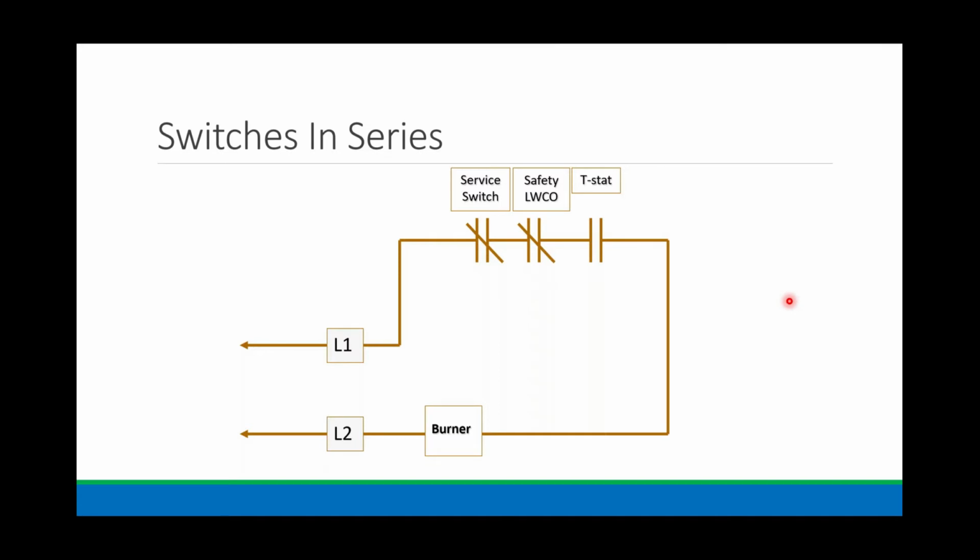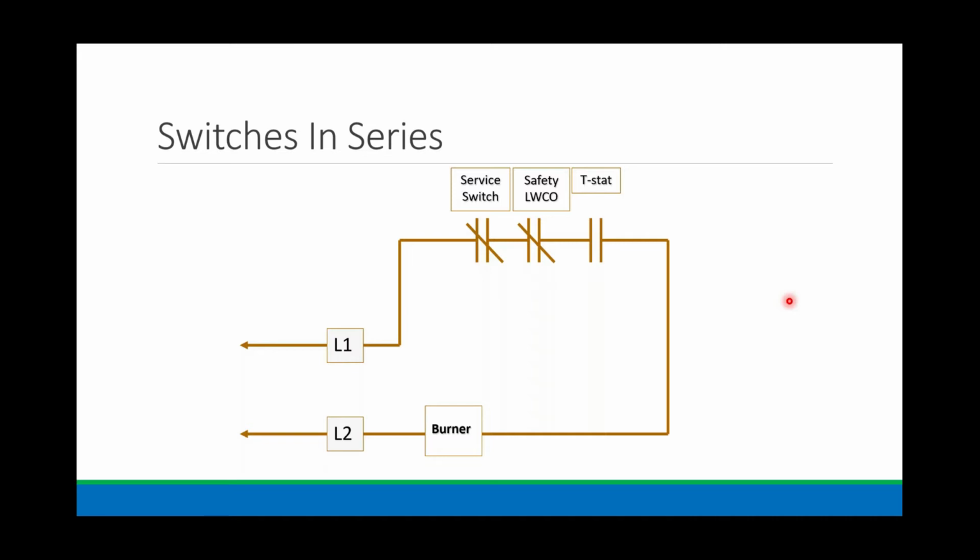We will not energize the burner. So if your low water cutoff has a dirty probe and it can't receive the electrical signal back into the probe through the water, it's now open, and our boiler will not run. There's a good example of a switch that's now changed its position and turned off our system.